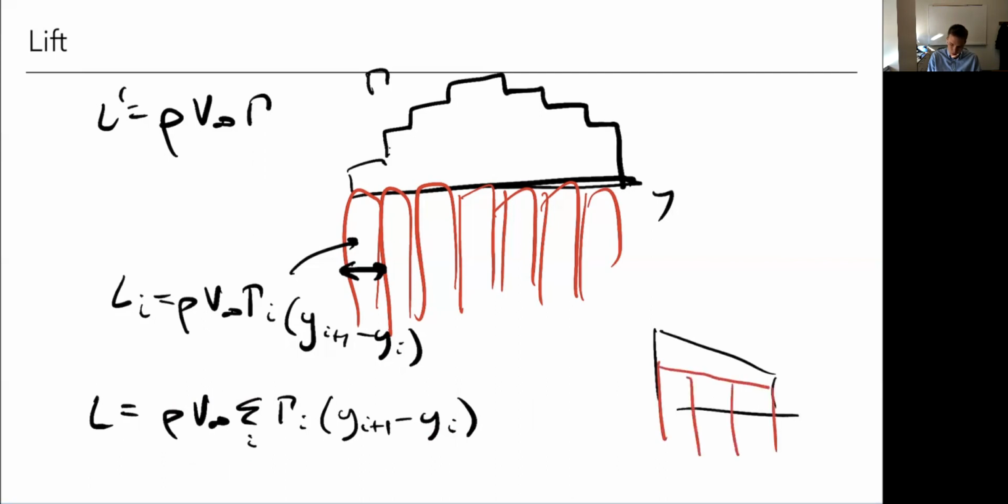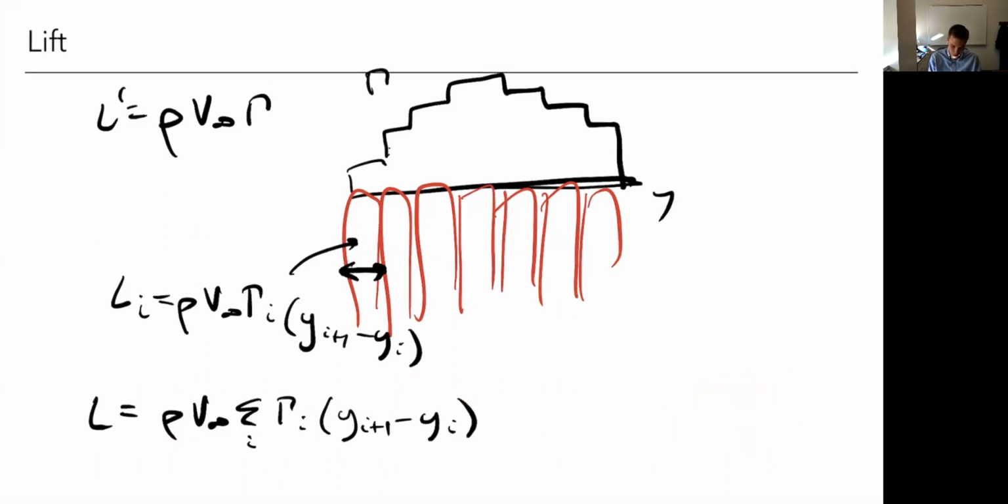If I have a swept wing, then my gamma actually has two components, this way and this way, and only this part contributes to the lift if I do that cross product. But my ds is actually getting longer because of the sweep, and those two things cancel out and I actually get the same formula. Also, if I've got dihedral, I have to be careful because, say, here's a canted winglet.